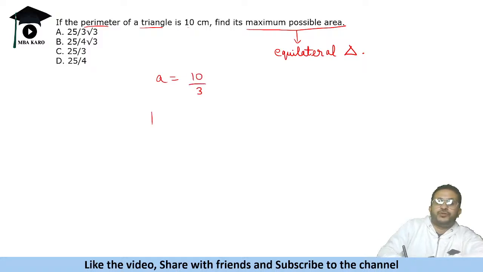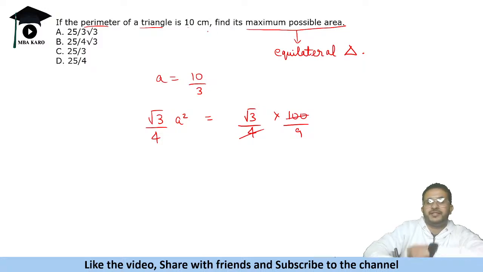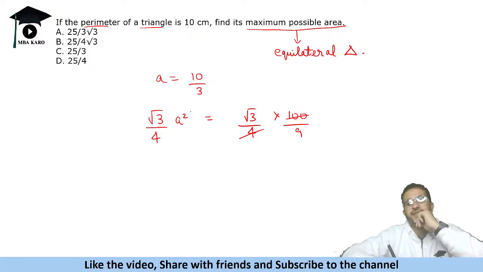Okay, so area of a triangle is root 3 by 4 a square. So this becomes root 3 by 4 a square, which is 100 by 9. Perimeter is 10, so side length will be 10 by 3. Root 3 by 4 a square, 100 by 9, this is 25.